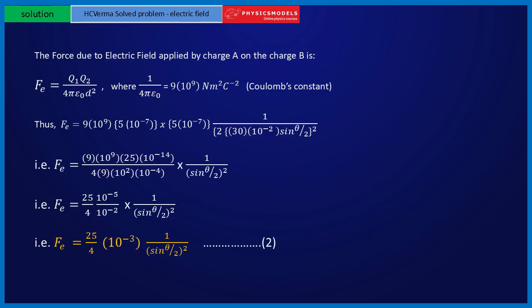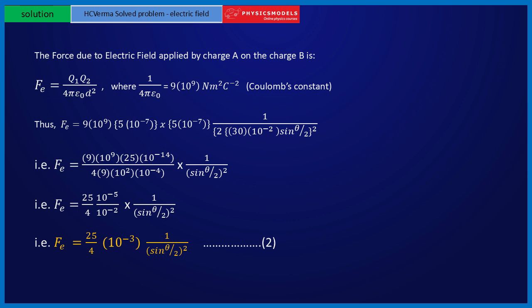We now solve for the electrostatic force Fe. We know Q1 and Q2, both are same charge, values are given in the problem. The term 1 by 4 pi epsilon 0 has got a standard value 9 into 10 to the power 9, that's Coulomb's constant.